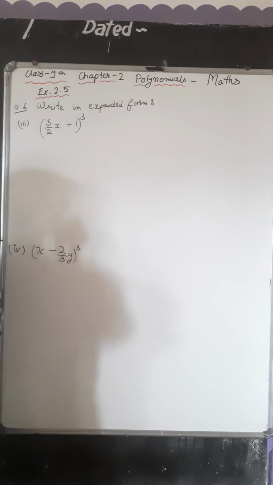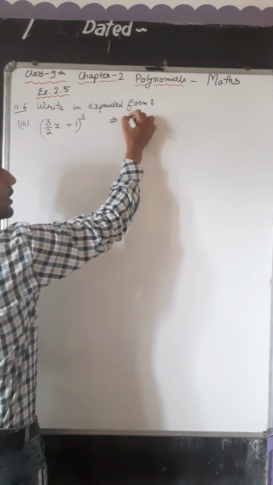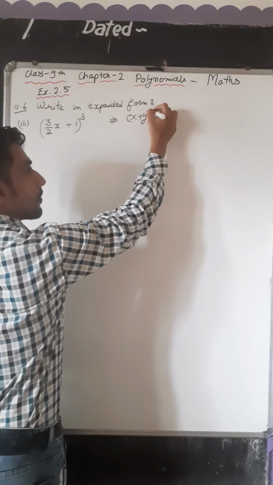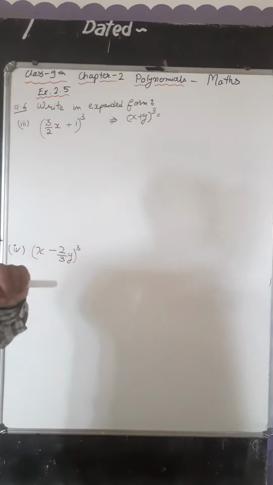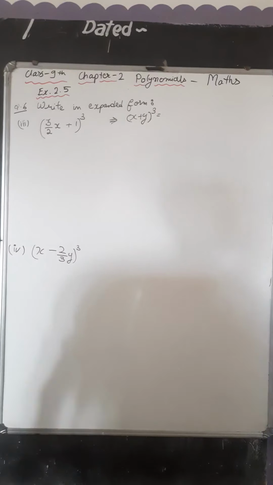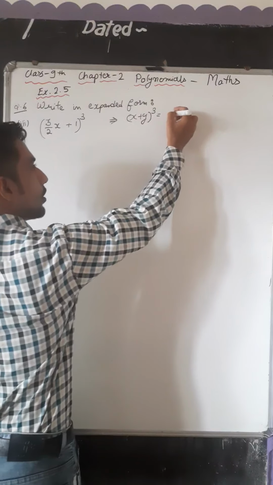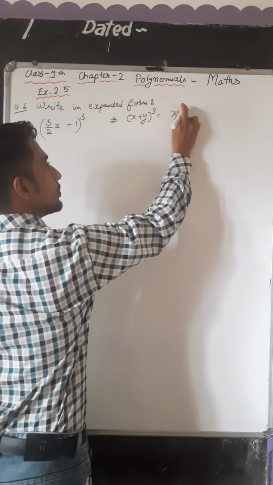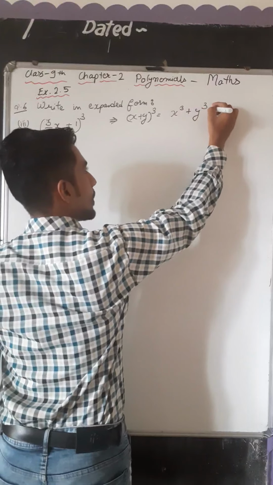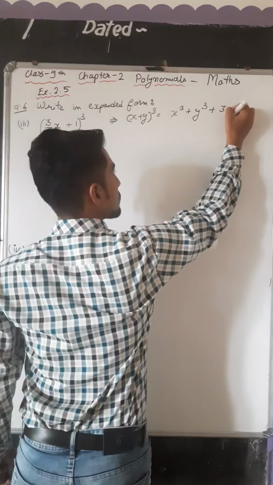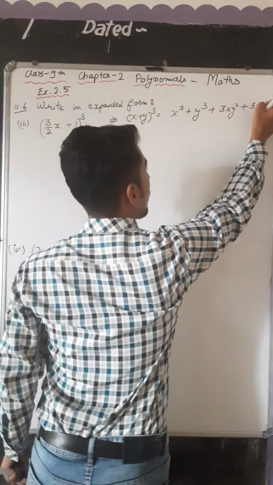Let's see here. If you have seen the identity of (x plus y) whole cube, just like (x plus y) square has a form, in the same way there is a form of (x plus y) whole cube, which is equal to x cube plus y cube plus 3xy square plus 3x square y.